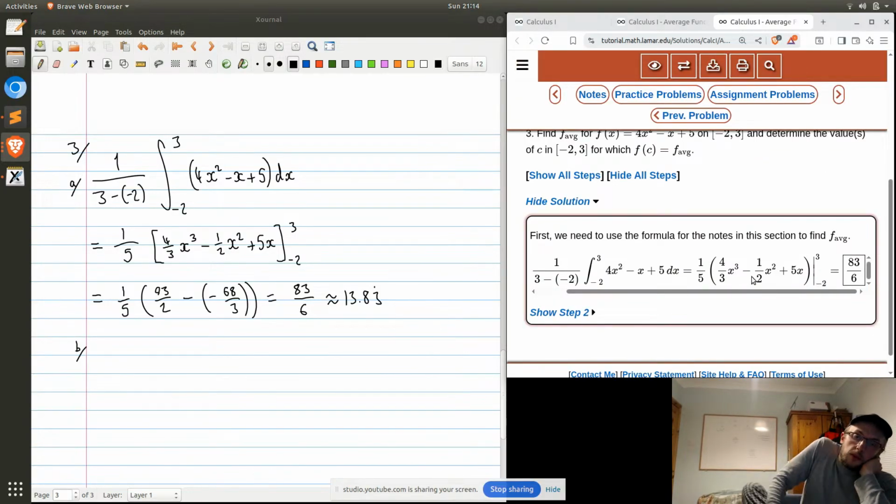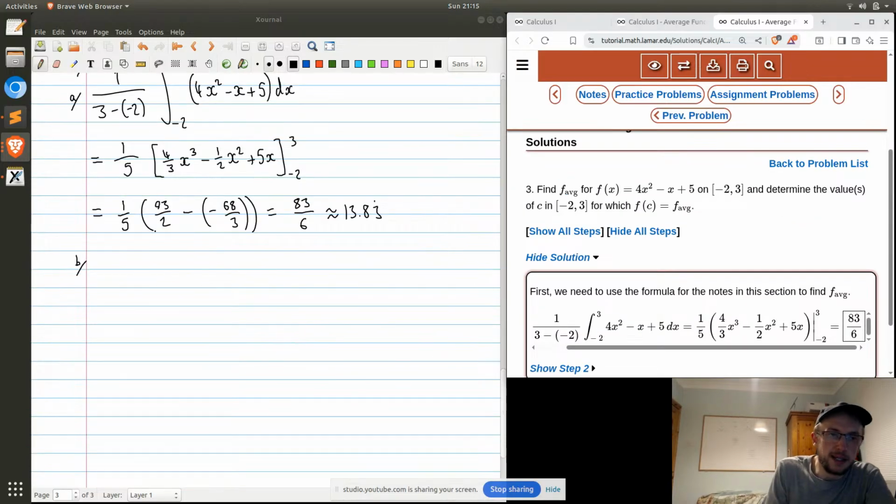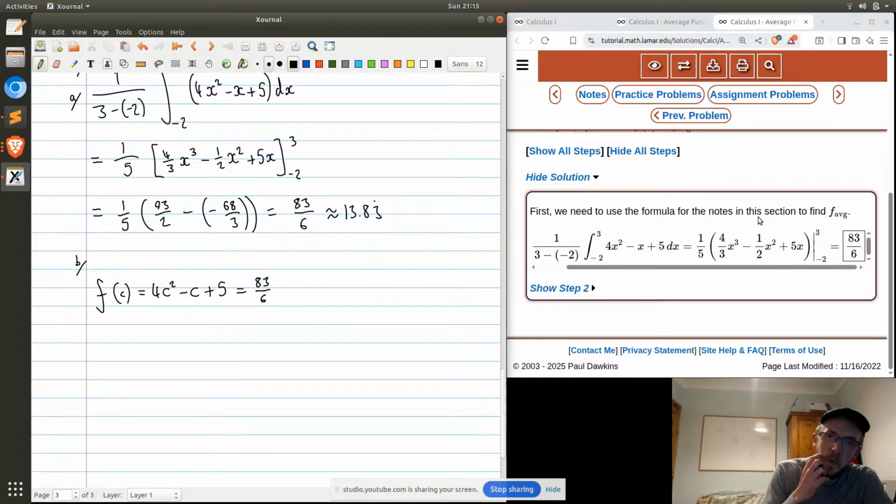Okay, so is it not simply the case that I can just say f of C equals 4C squared minus C plus 5 and set that equal to 83 over 6 and then solve? Maybe, maybe not. We're going to see.